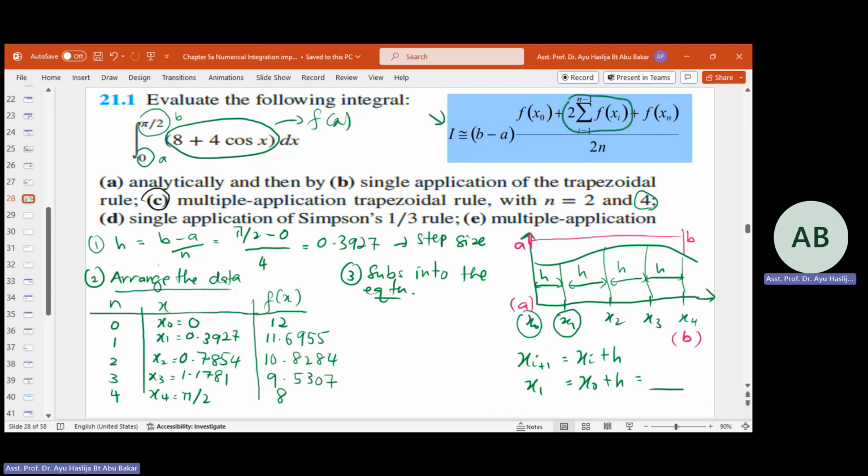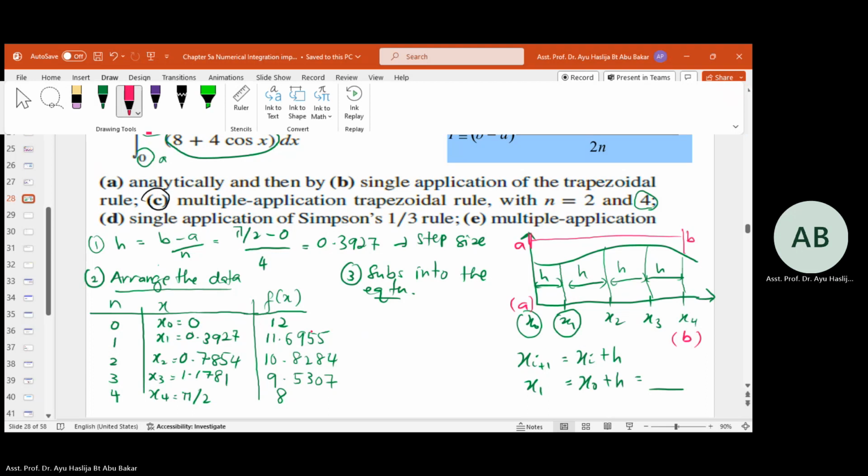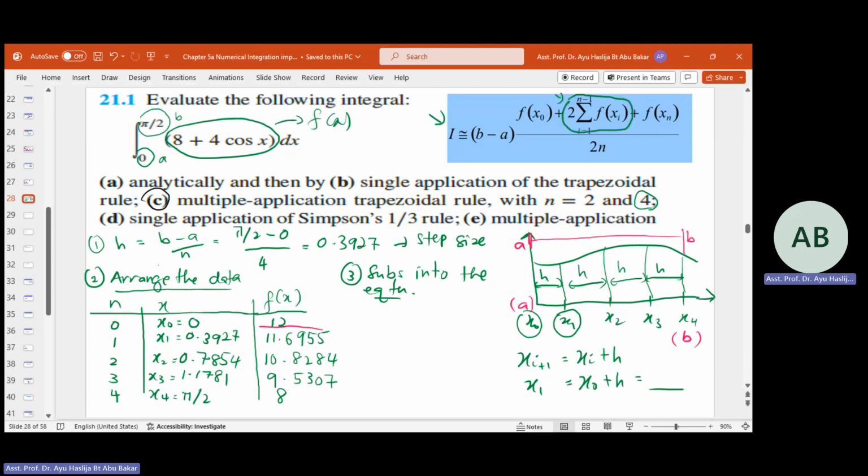So this part means that from your f(x) data, the first point and last point should stand alone. These intermediate values, summation, then multiply by 2.